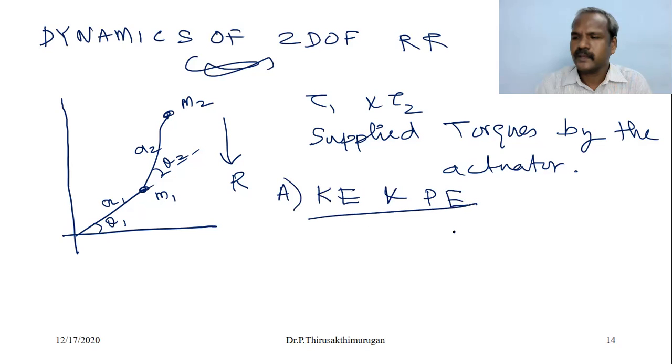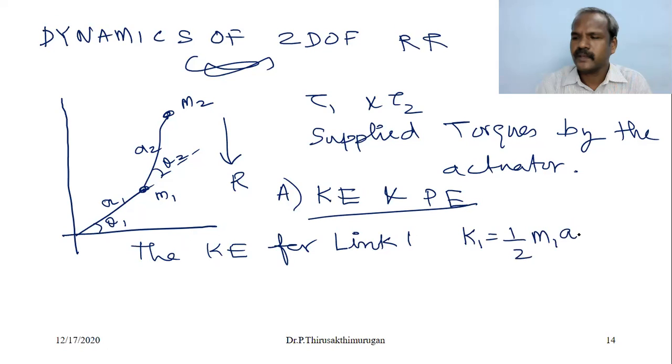So kinetic energy and potential energy. Now here we have to compute for 2 links, 2 link masses are there. The kinetic energy for link 1 is K1 equal to half M1 A1 square L1 square theta 1 dot square.